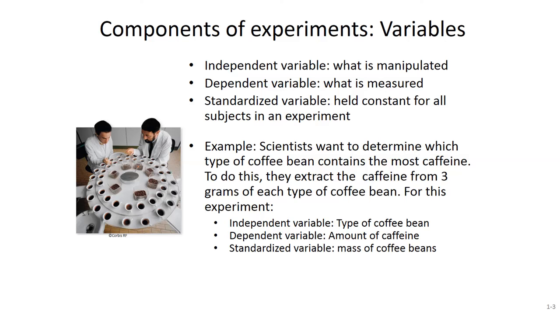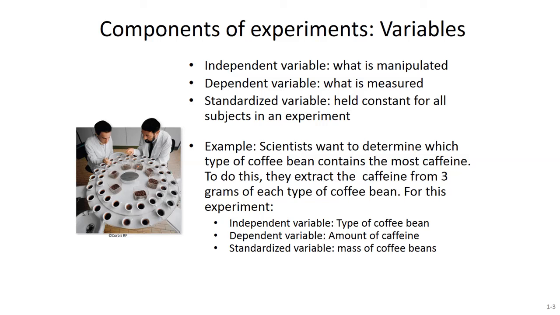It's just a very simple example. If we're trying to look at which coffee bean contains the most caffeine, we want to make sure that the only thing changing in our experiment is the type of coffee bean. We want to make sure they're all planted in the same type of soil, that they get the same amount of water, the same amount of sun, and that they're the same age when we pick those coffee beans or when the caffeine is extracted.